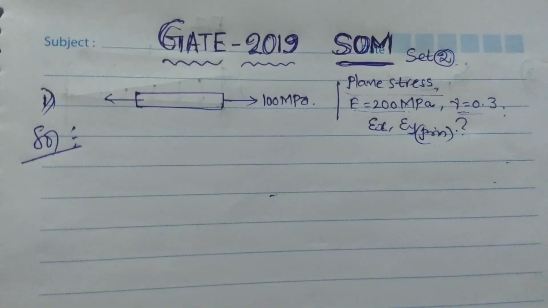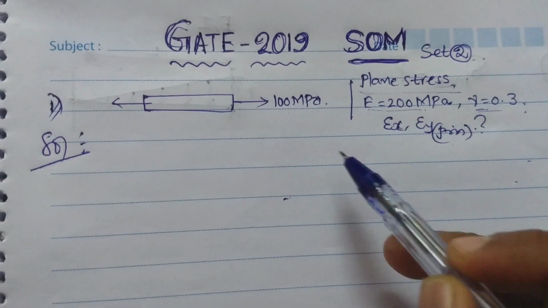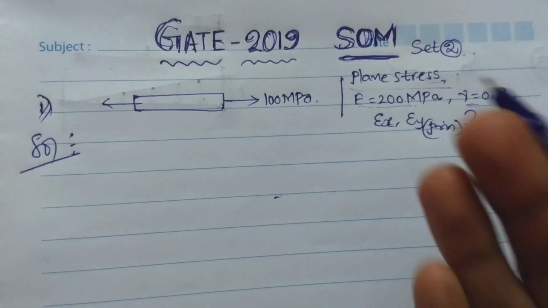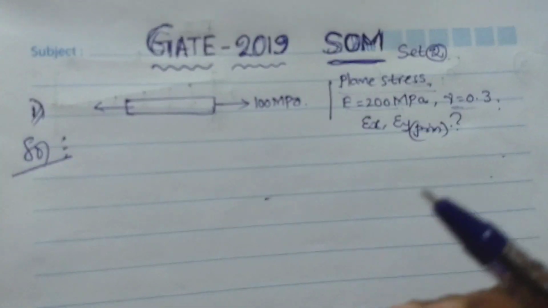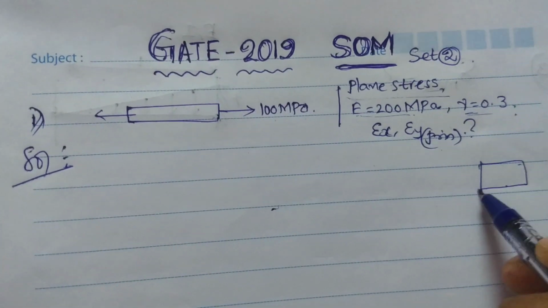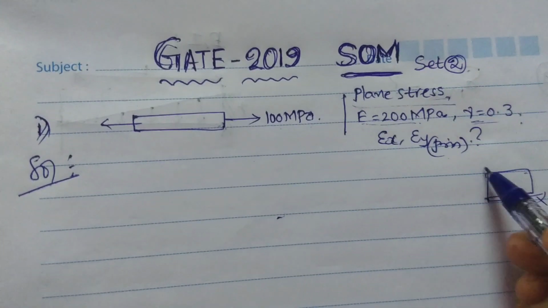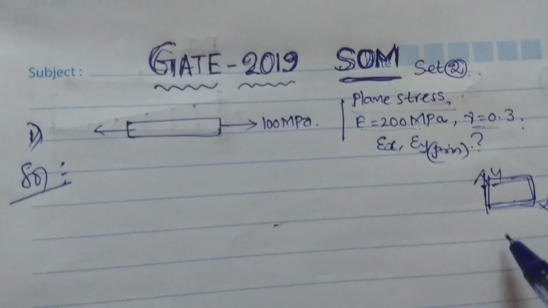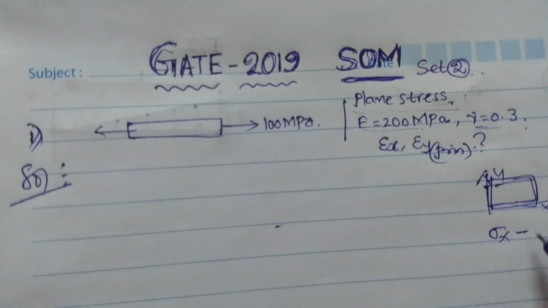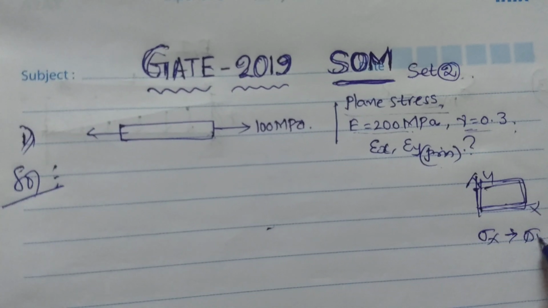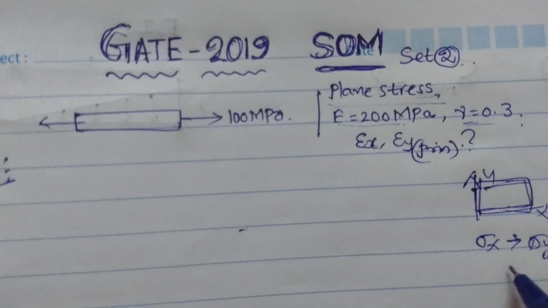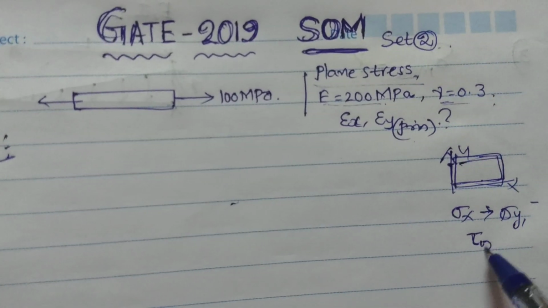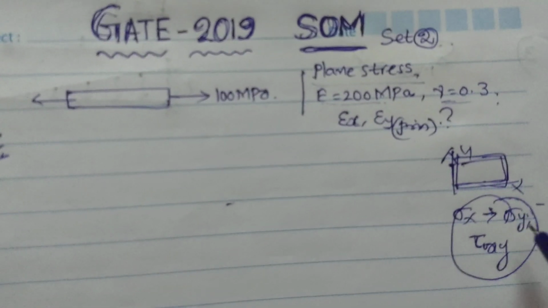As we know, plane stress is a condition in which the stress exists only in the plane. The plane which is normal to that plane, there the stress doesn't exist. So if the plane stress is in the xy plane, then it is very obvious that sigma x, the normal stress in the x direction, sigma y, the normal stress in the y direction, and tau xy, the shear stress on the xy plane, these values only exist.